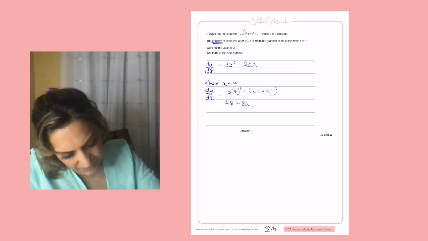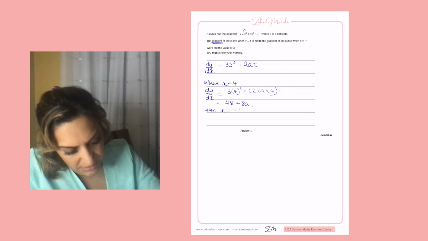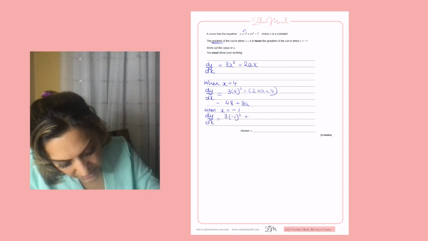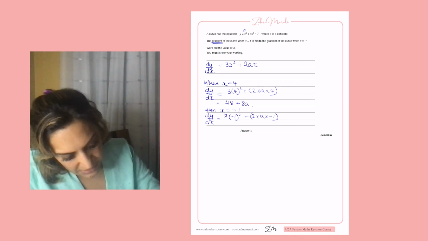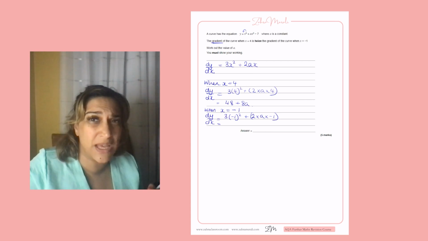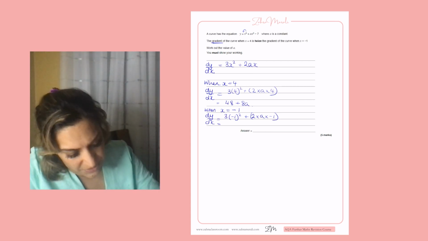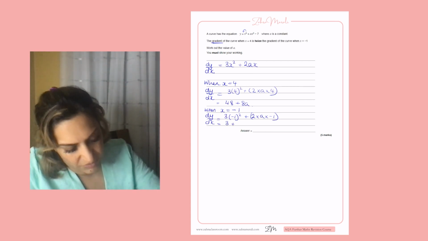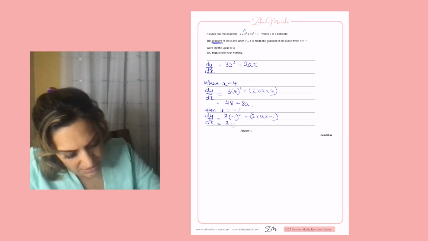Okay. And when x equals minus 1, dy/dx is going to be 3 times minus 1 squared plus 2 times a times minus 1. So we're left with minus 1 squared, which is just 1, times 3, plus, well, it's going to actually give me a minus 2a.